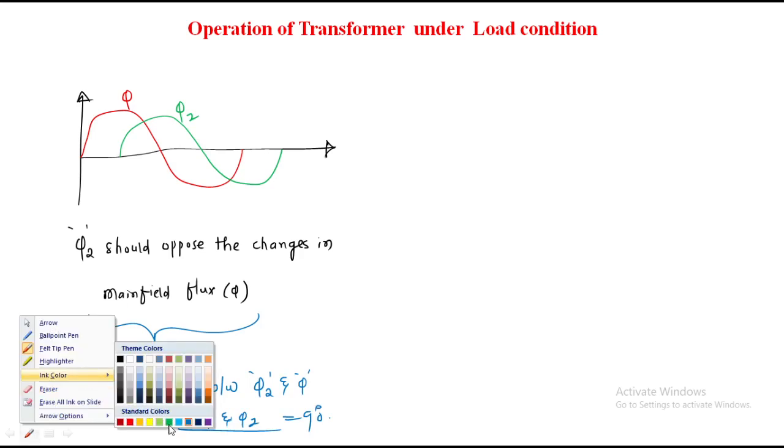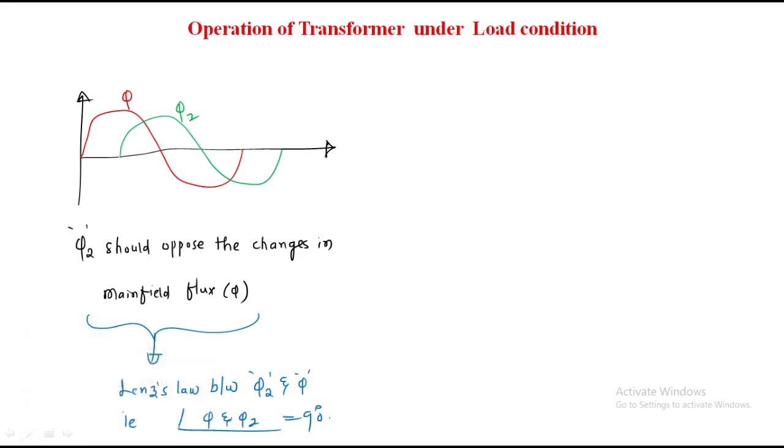So what is that meaning? Let's extend this graph. Now it is okay. It has to oppose the changes in main field flux. Now I would like to explain. This is what?